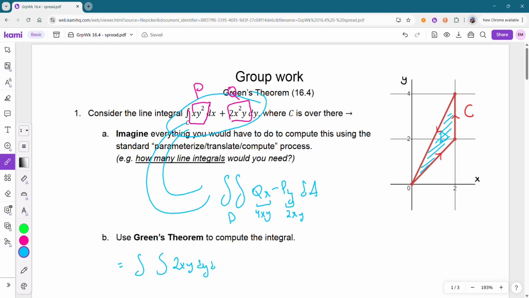So y will be our inside, x is our outside. y is moving from our bottom line to our top, and the bottom line, just looking at our coordinate system, is y equals x, and the top one has slope 2, so y equals 2x. And what x's are we doing this for? Looks like from 0 to 2.